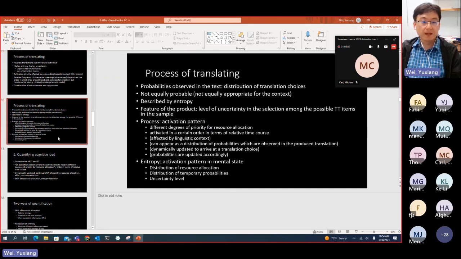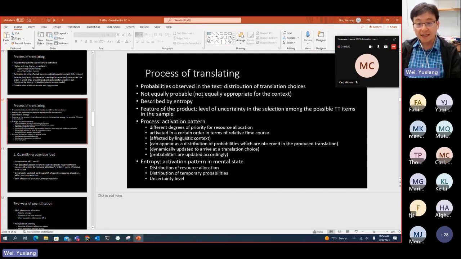Specifically, the effect of what I've just described means that there would be probabilities observed in the text among these translation choices. Or in other words, there would be a distribution of probabilities for these translation choices. That's what we can observe from the text. And that means not all these options are equally probable.